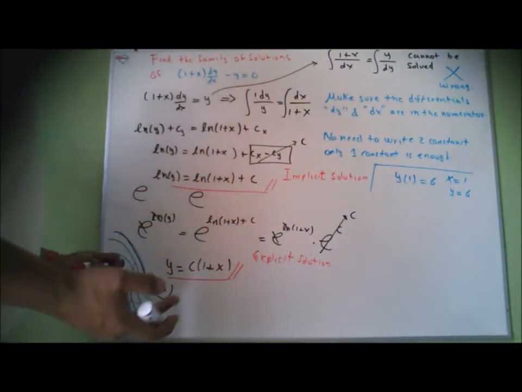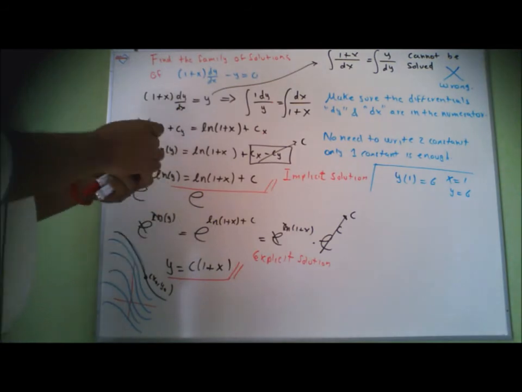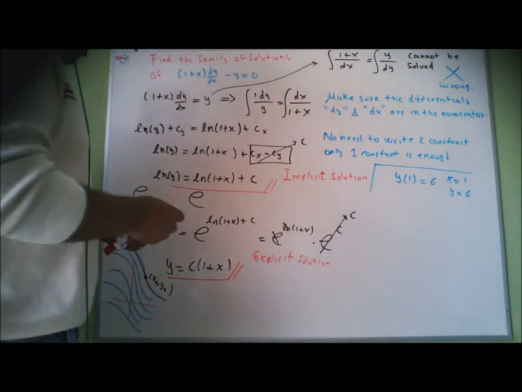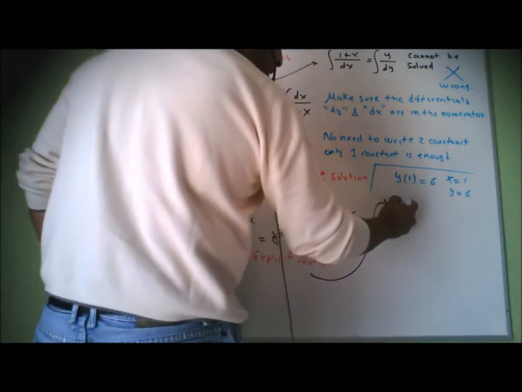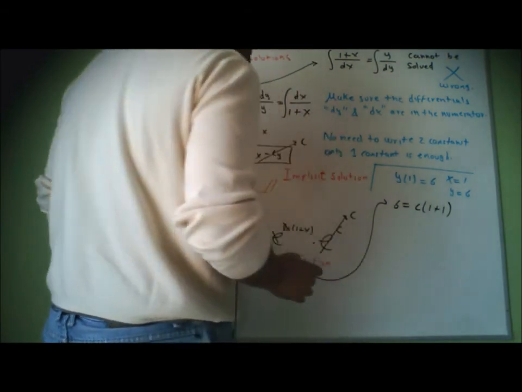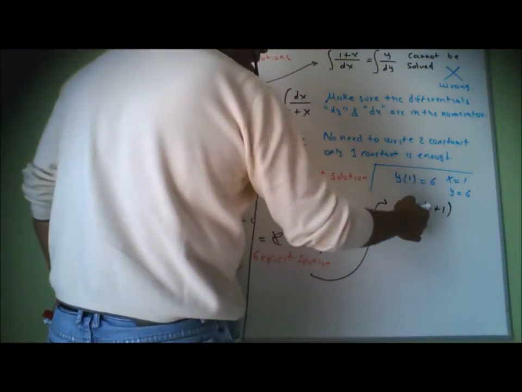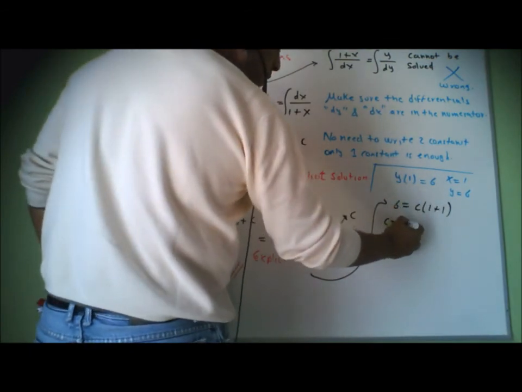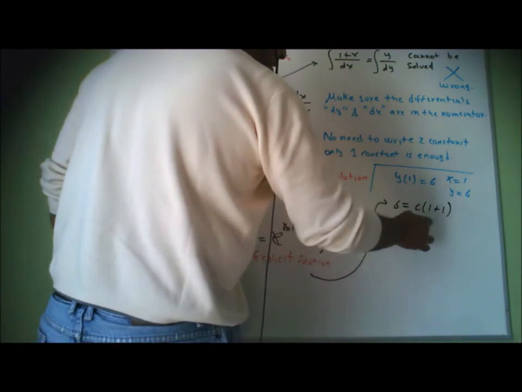All you have to do is replace in the solution and calculate the constant. So let's do it. From here, y is equal to 6, equal to the constant times 1 plus 1. And how much is the value of c? C is equal to, this is 2, and 6 divided by 2 is equal to 3. Okay, so you have calculated the constant c.